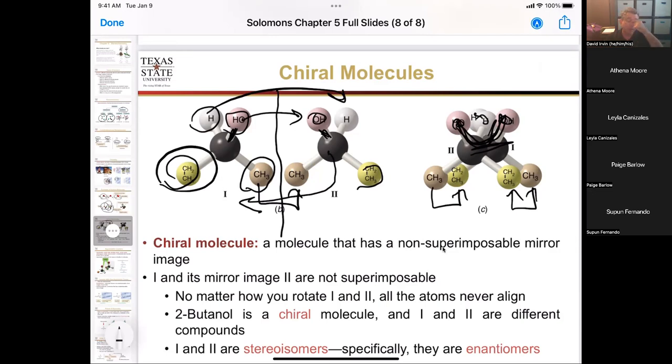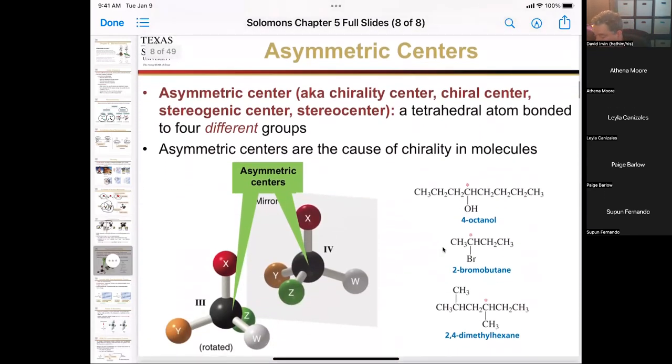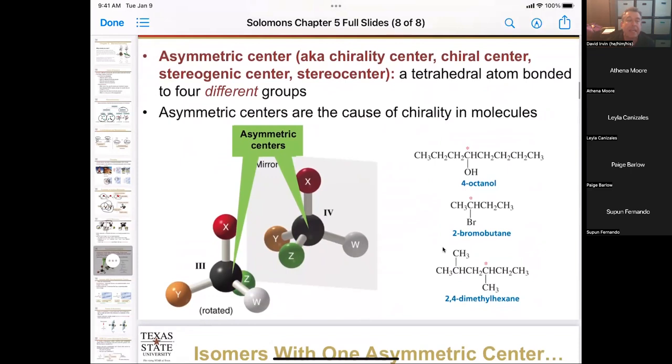It means that to have a chiral carbon, you must have 4 different things attached to your chiral carbon. So that's the first thing we're going to look for. Are there 4 different things attached to a carbon? All right. So anytime we have chirality, we have what we call an asymmetric center or a non-symmetric center.